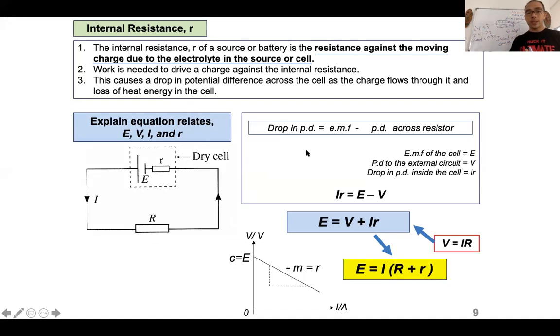This equation I'm going to skip for now because I need you to do the experiment in order for me to explain this part. Once we have done the experiment, then saya akan kembali kepada ini. But basically in this graph, the y-intercept is the electromotive force and the negative of the gradient is the internal resistance. Ini adalah cara mengira EMF dan internal resistance dengan menggunakan graph.